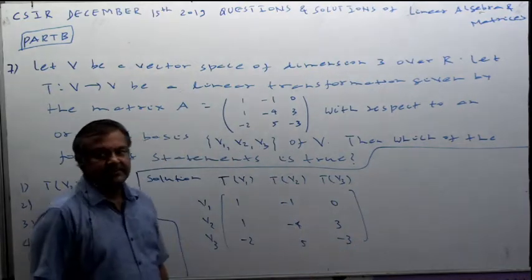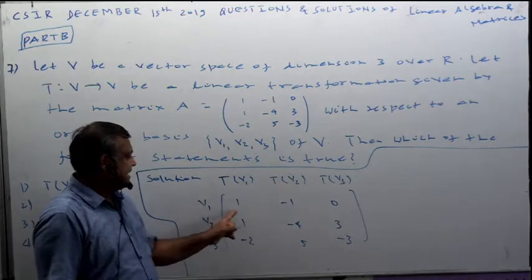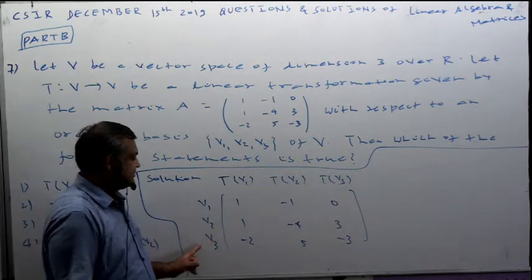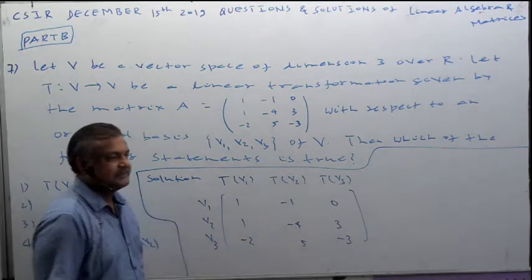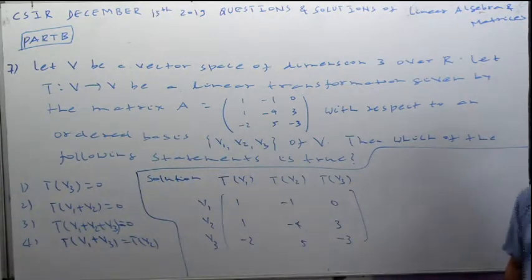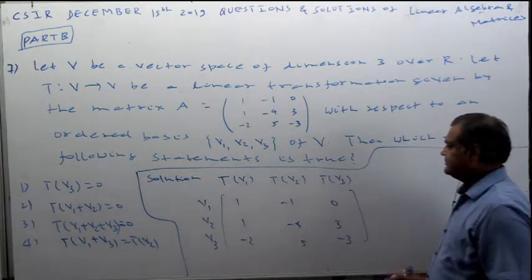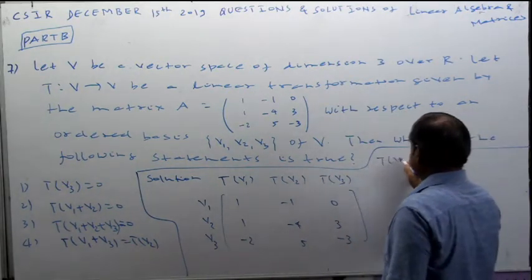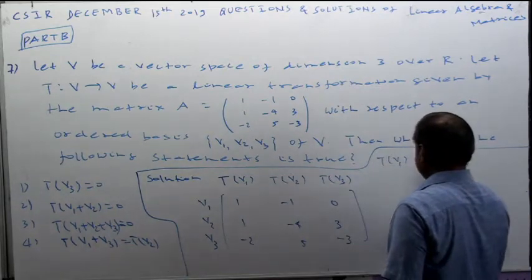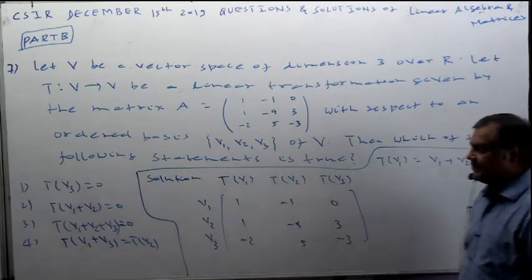T V1 will be this much times V1, this much times V2 plus this much times V3. Any doubt? Already taught everything. So T V1 is V1 plus V2 minus 2 V3.